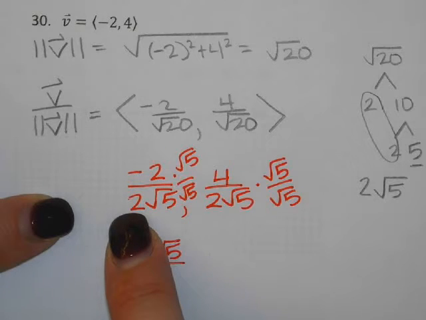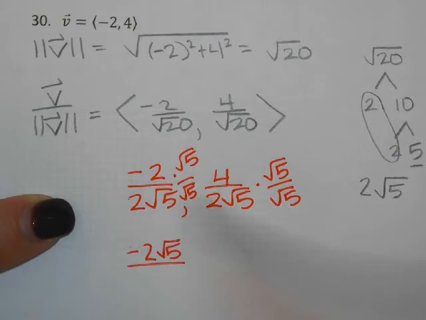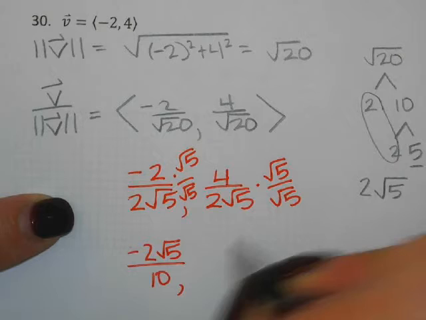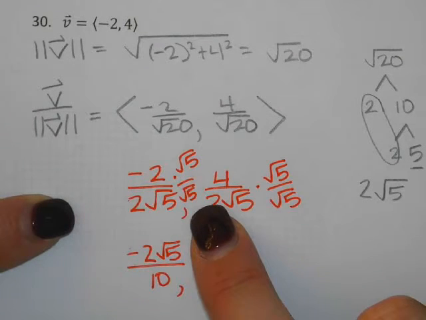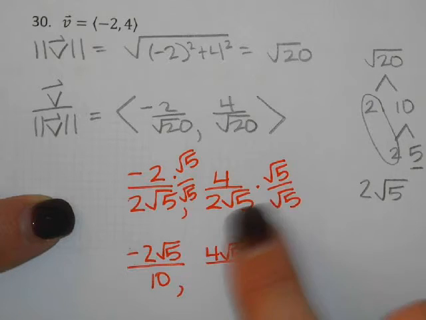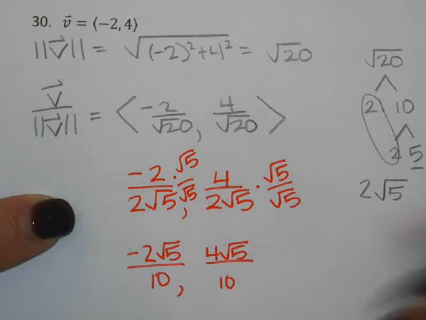On the bottom, we have that 2. And then root 5 times root 5 is... What's root 5 times root 5? 5. So we have 2 times 5 makes 10. And then here we have 4 root 5. And then we have the 2 on the bottom. And again, root 5 times root 5 makes 5. So we have 2 times 5 again is 10.